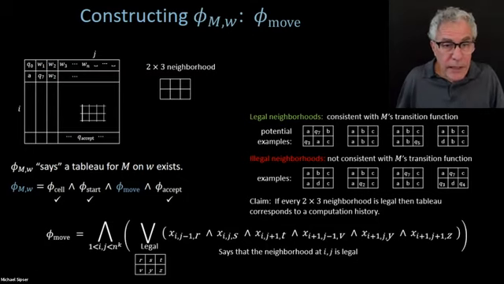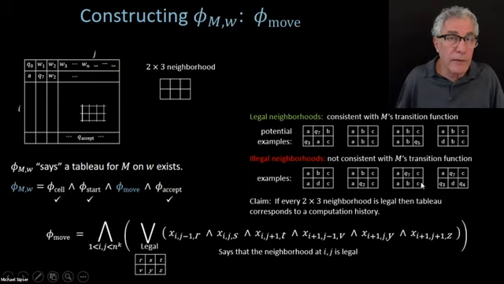Okay, let's see. Can I explain again the third example of illegal? So this one over here, I presume, I'm being asked about. Well, if the machine is in a state Q7, reading a C, the head has to move either left or right. So in the next configuration, there's got to be a state symbol appearing either in this cell or in this cell.